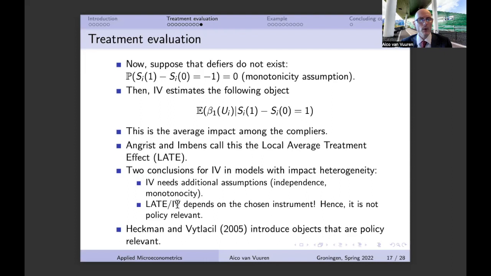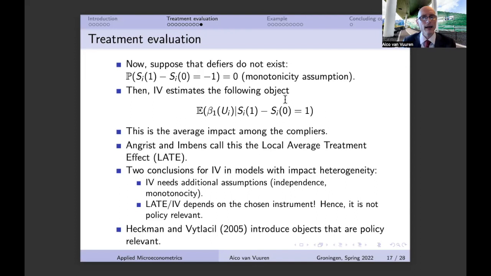But maybe even more important, you should realize that the local average treatment effect, or LATE, which is exactly what is estimated by IV, actually depends on the chosen instrument. You should realize that this thing that we have over here depends on who is going to be a complier and who is not going to be a complier.